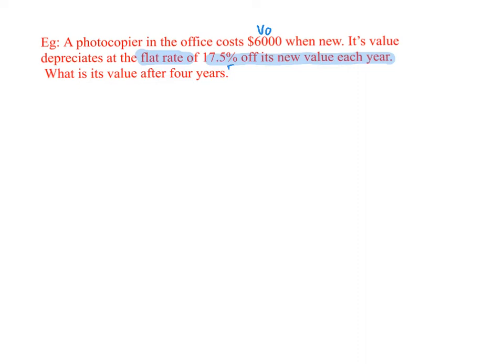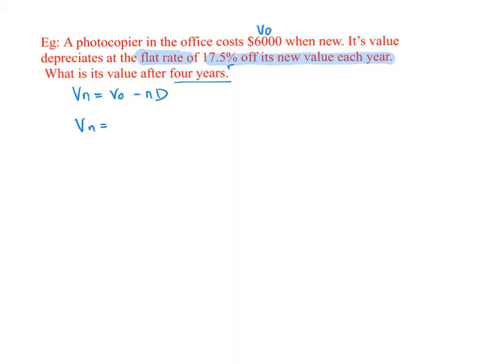So after 4 years, you might want to just do the nth term formula straight off if you like. So I know Vn equals V0 minus n times D. Okay, so I'm actually trying to find V4, but let's get our Vn formula first.